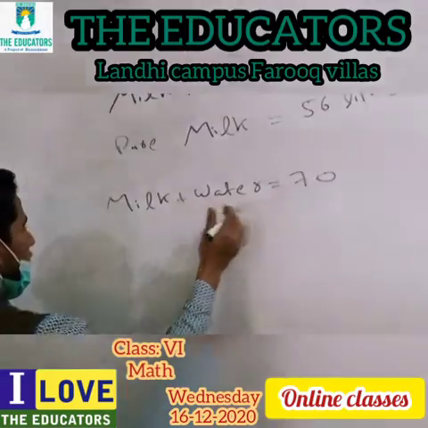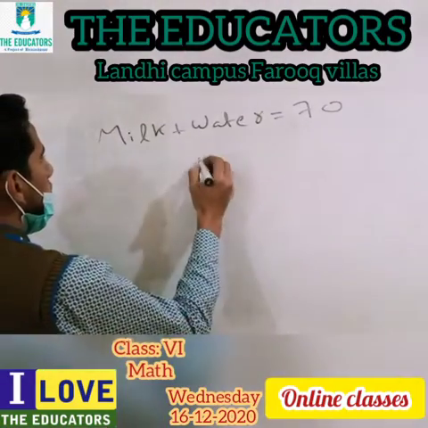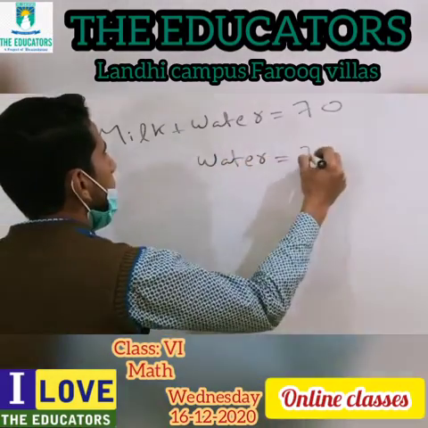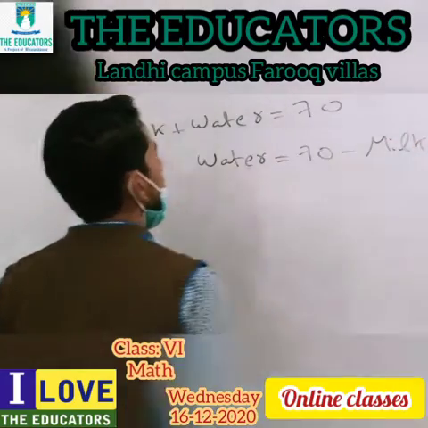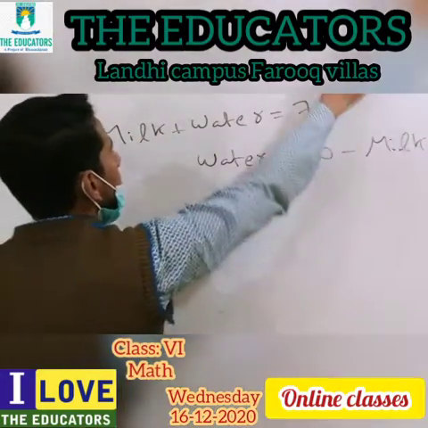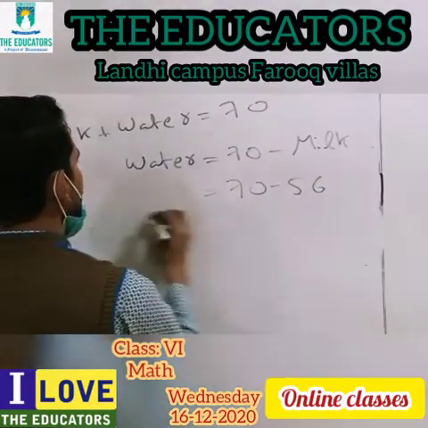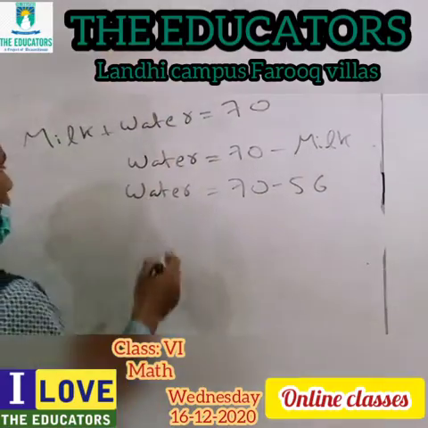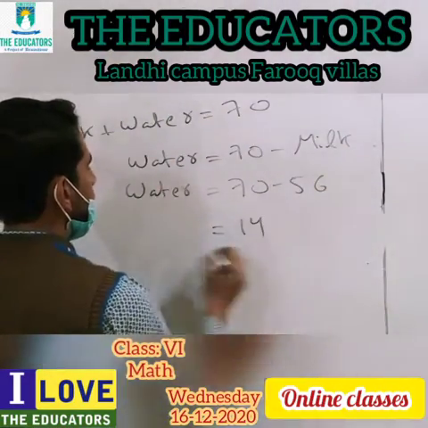So we have to find the value for water. We will move this milk to the right side, and the plus sign will become a minus sign. So we will place the value for milk here, that is 56. So 70 minus 56. We will get how much water was mixed in the pure milk. So that will be 14.